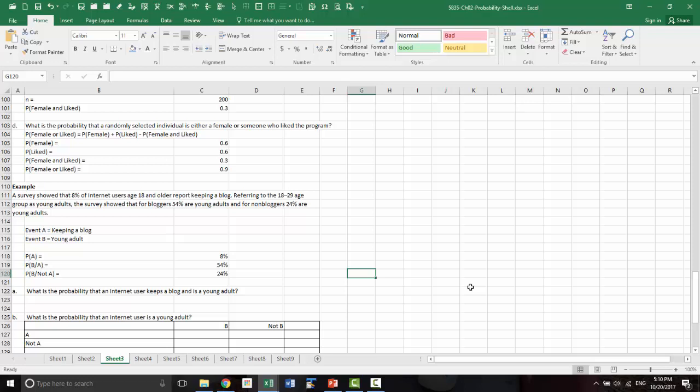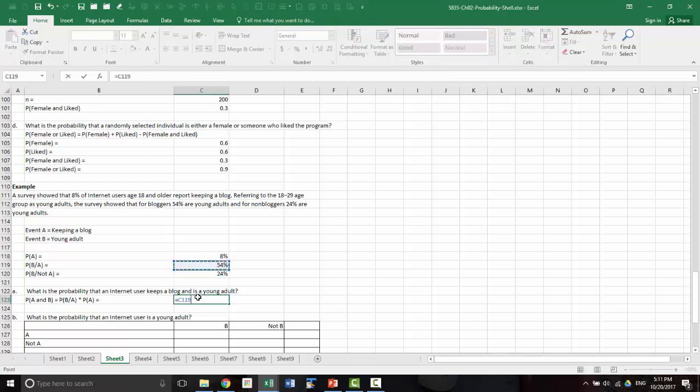Keeping a blog is event A, young adult is B. So what we want here is probability of A and B, the intersection, and that is probability of B given A times probability of A. That will give you the probability of the intersection. So let's put a couple of decimal places there.